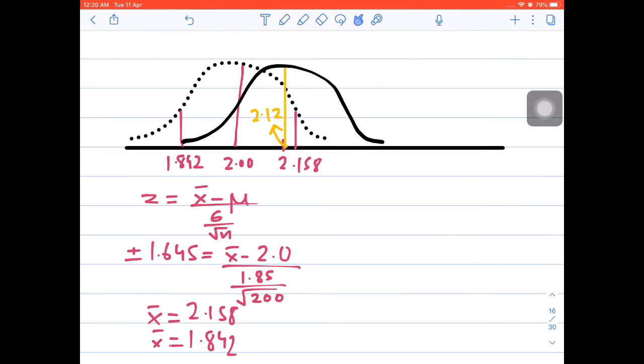So now the acceptance region for the false H0 was from here till here between the two red lines. So we need to find this area now with respect to this new mean of 2.12.